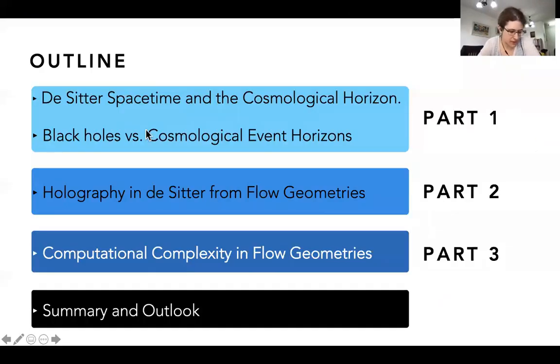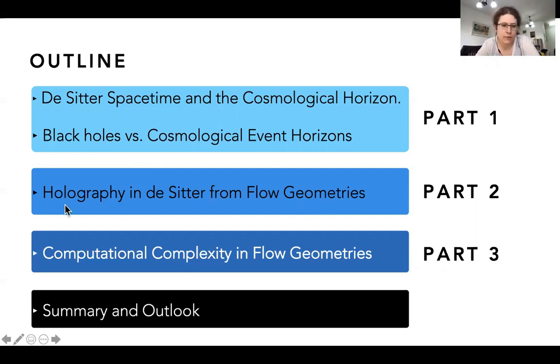All right, so here's an outline of my talk. I will start with a short review of the de Sitter spacetime and the cosmological horizon, followed by a comparison between black hole horizons and cosmological event horizons. Then in the second part of the talk, I will present these flow geometries, which allow us to study de Sitter holographically.